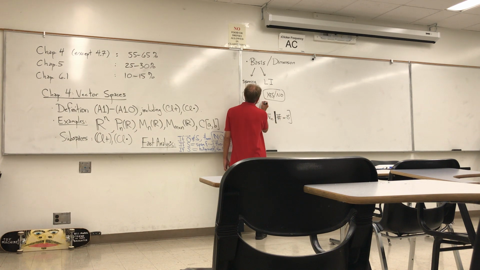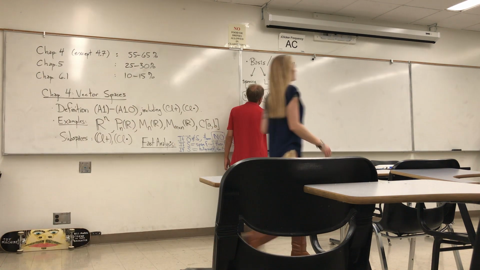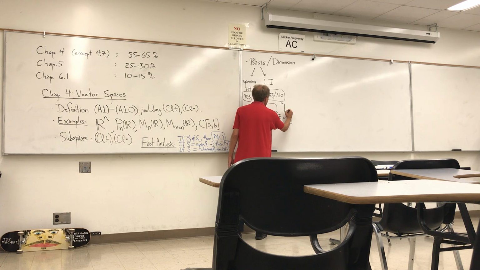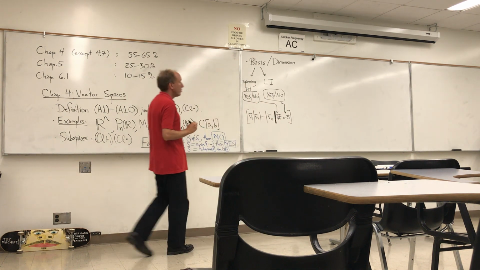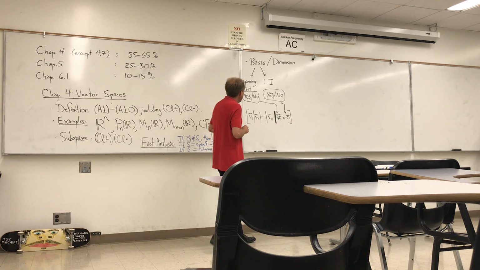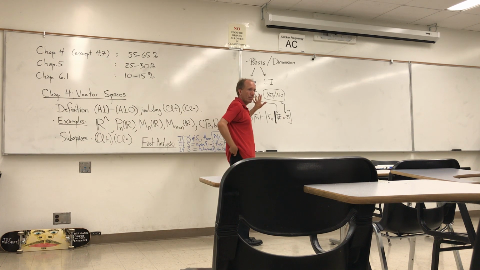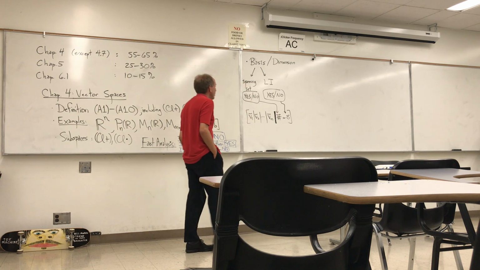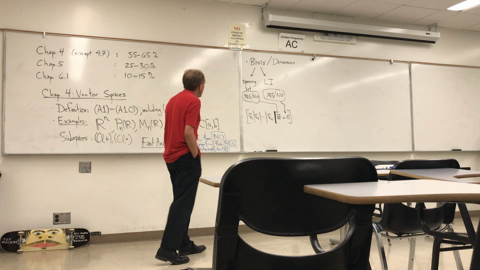The numbers is to check the spanning part, and the zeros is to check the LI part. So this is what you're trying to do. Okay? Everybody remembering all of this? Kind of just reviewing what I hope everybody is mostly comfortable with.